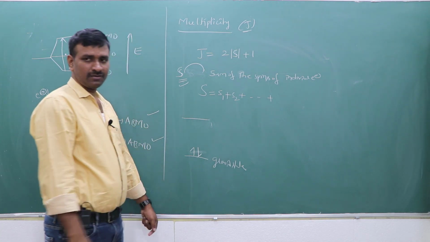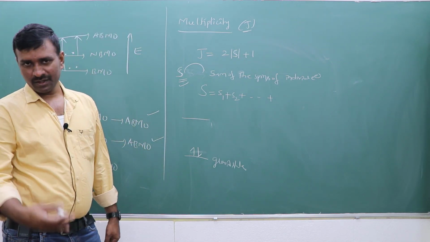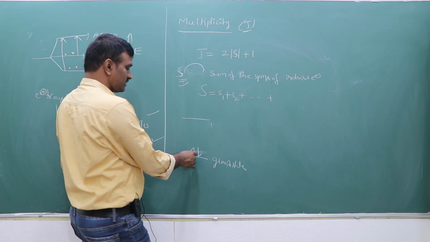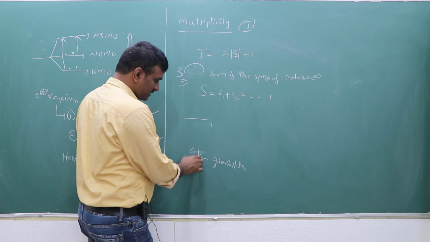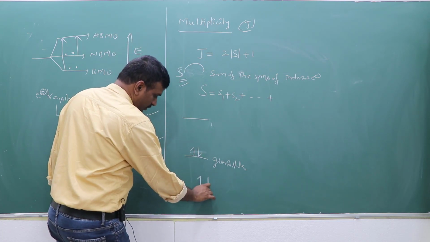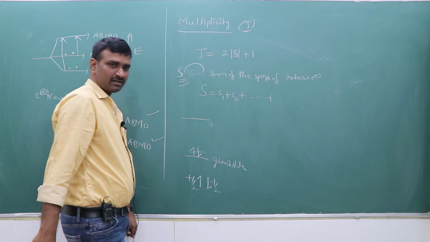The electrons are paired in the ground state because it is stable, having low energy. When pairing takes place, one is plus half spin and the other is minus half spin.